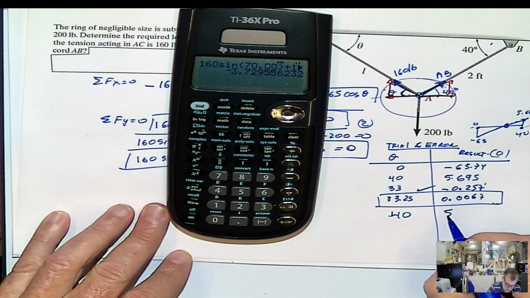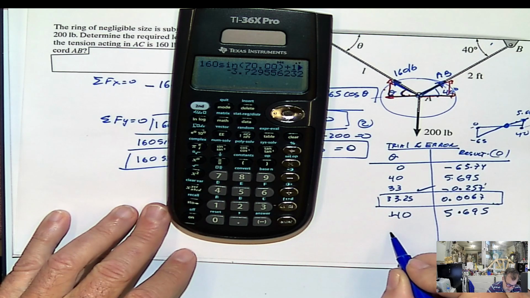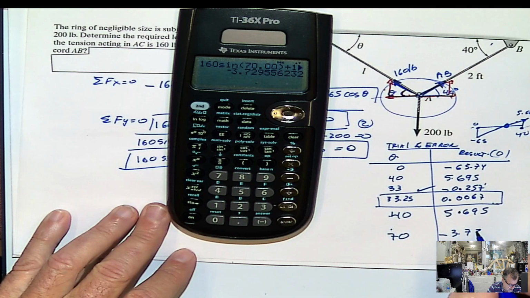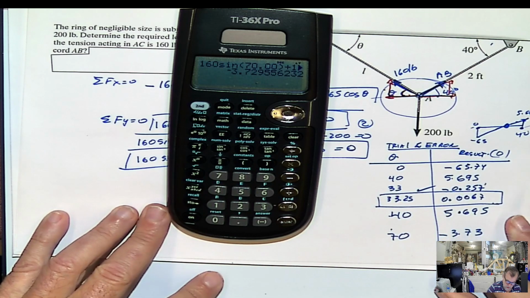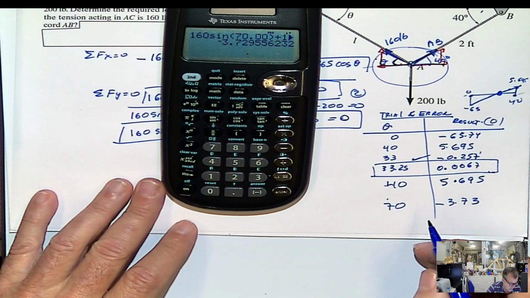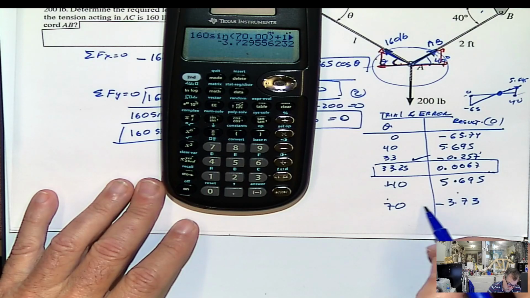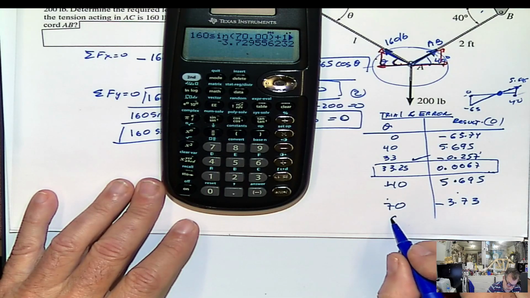Going in that direction again, 5.695 at 40 and negative 3.73 at 70 means there's another answer. There is a second answer in between these two values. I know the answer has to be smaller than 70 but bigger than 40, because the zero crossing happens between those, and I know it has to be really close to 70. So what if I try 67?